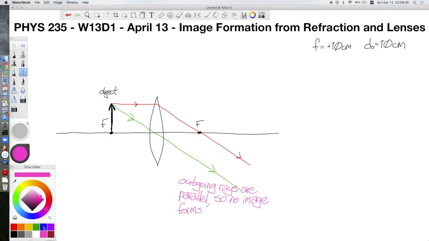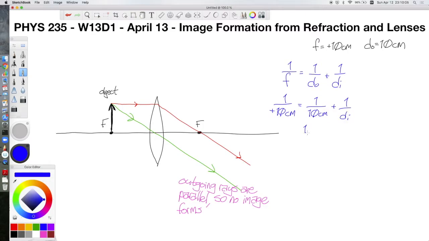So let's back this up with some math. Taking 1 over f equals 1 over do plus 1 over di. We can plug in positive 10 centimeters for f, and 10 centimeters for the object distance, plus 1 over di.